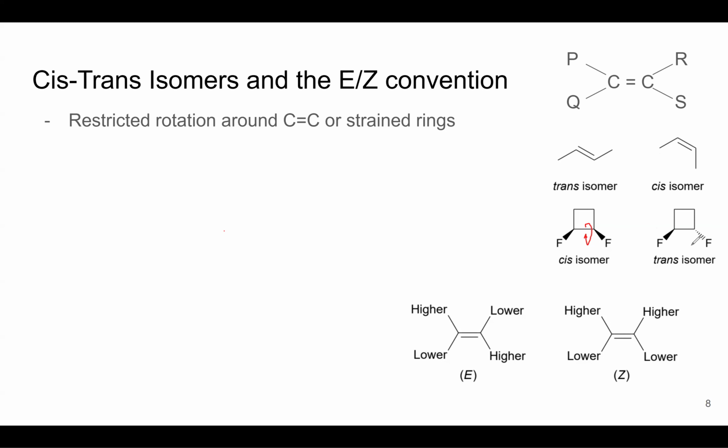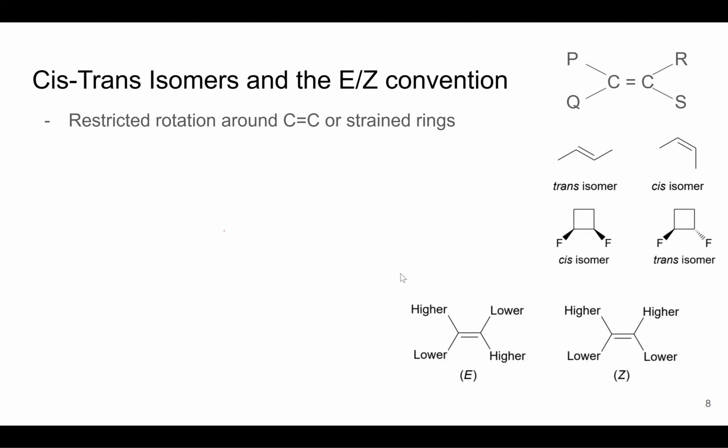Like you can try to make a rectangle with four chopsticks, and when you tie the four corners really tightly, this chopstick cannot rotate. If you hold one end, the other end cannot rotate. So strained rings also give rise to restricted rotation.